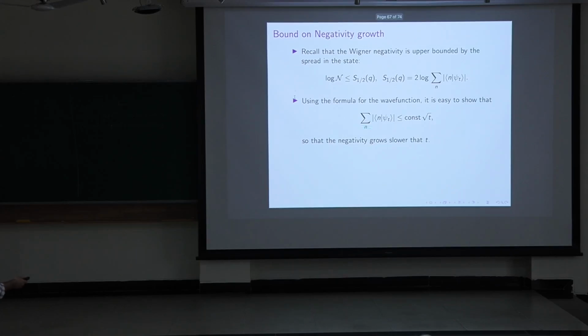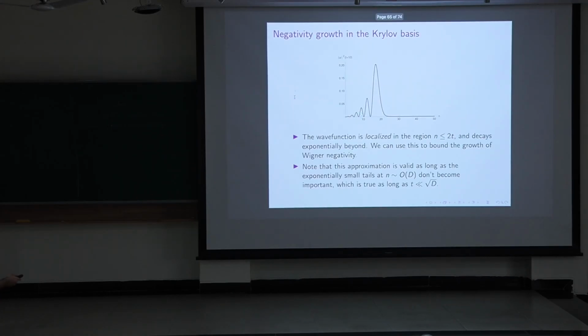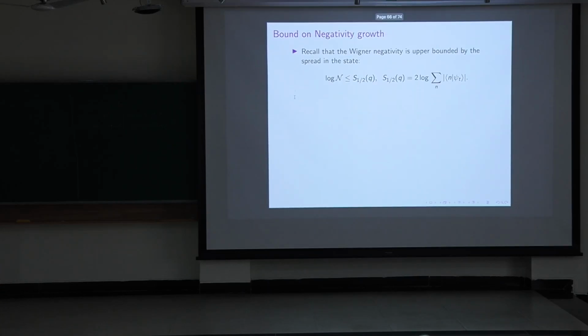Okay, but I told you that this wave function is only spread out over a region up to n equals 2t and has 0 support outside. When that happens, this thing is spread out only over some box, right? So the half Renyi entropy is upper bounded. In fact, you can pretty easily argue that it's upper bounded by square root of t.